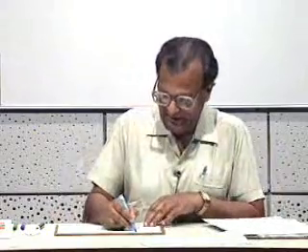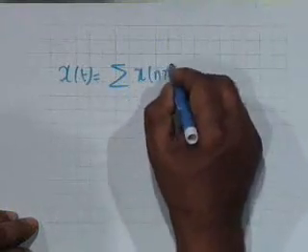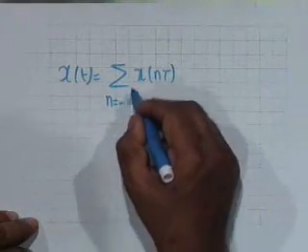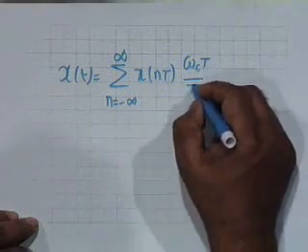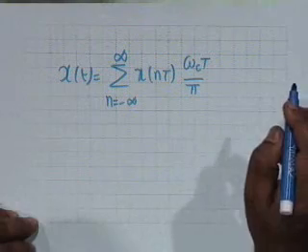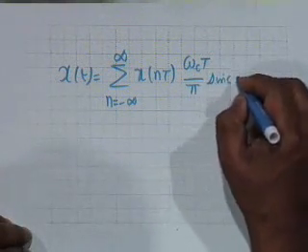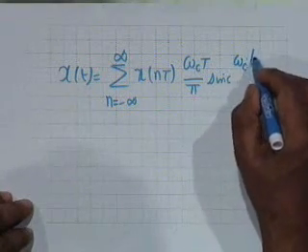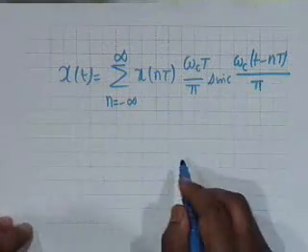Alright, and therefore my x of t becomes the summation of x of nT, n equals minus infinity to infinity, times omega c by pi. This remains a constant. The only thing that happens is h of small t minus nT, so sinc function of omega c times small t minus nT divided by pi.